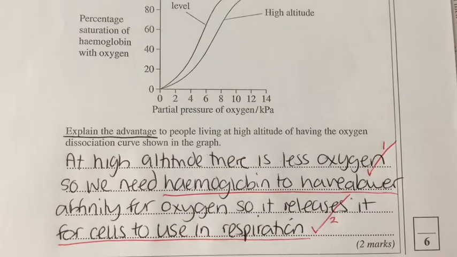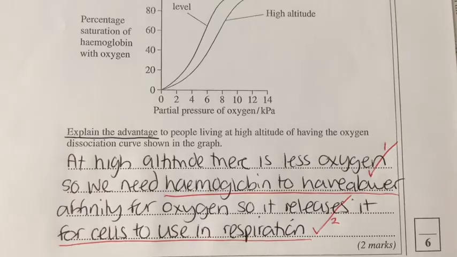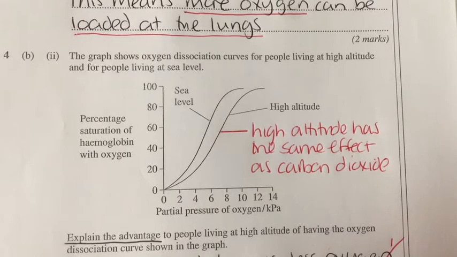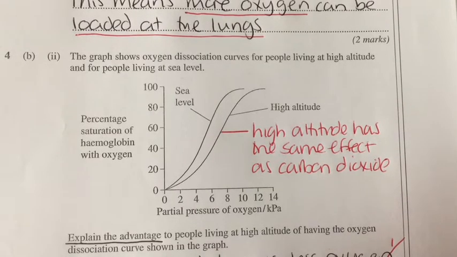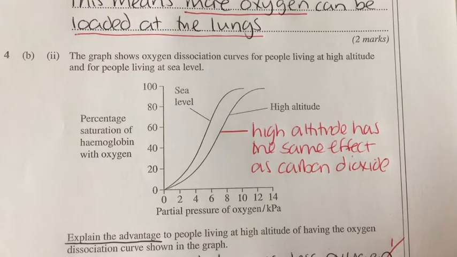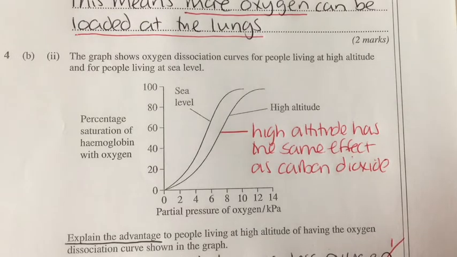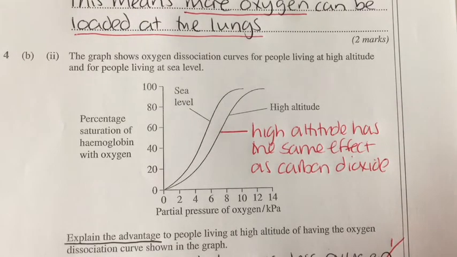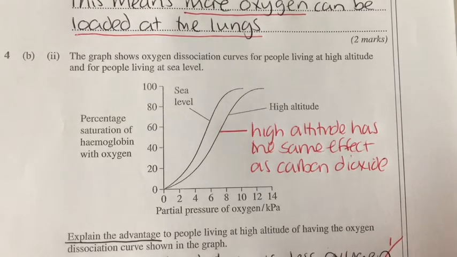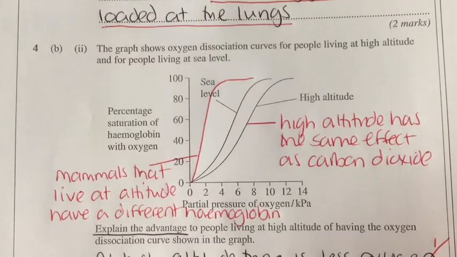Now, taking another look at that graph, I just want to make a couple of points. An increase in altitude or an increase in carbon dioxide moves that curve to the right. It makes oxygen easier to dissociate from haemoglobin. And that's because our haemoglobin is our haemoglobin.